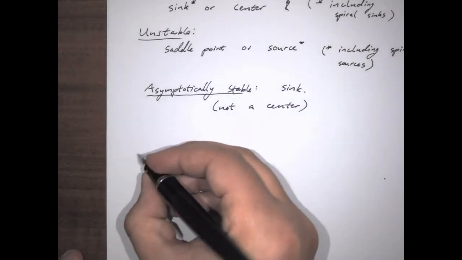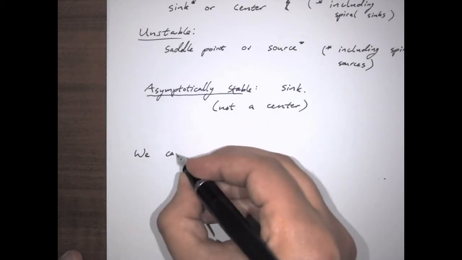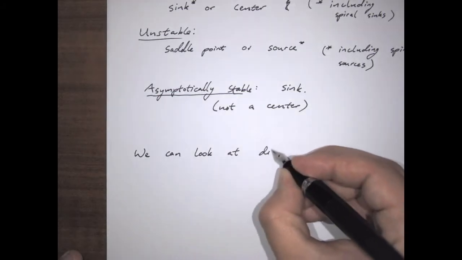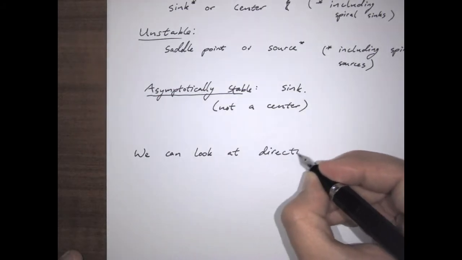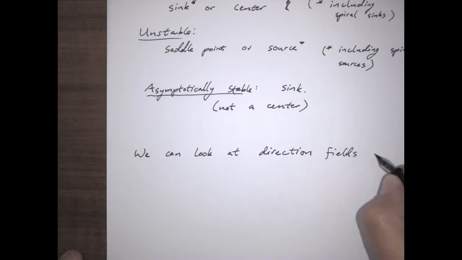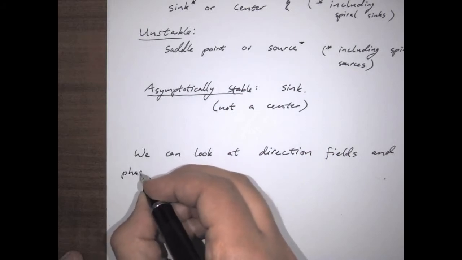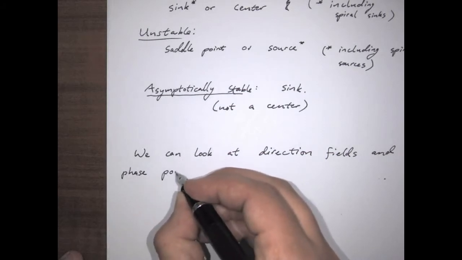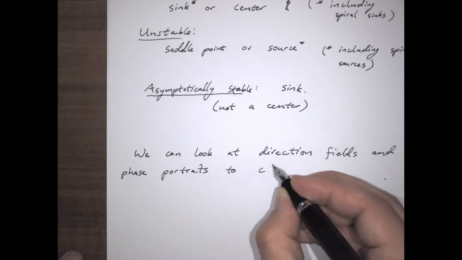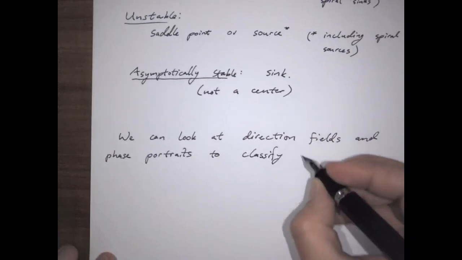But for now, we can look at direction fields and phase portraits to classify critical points.